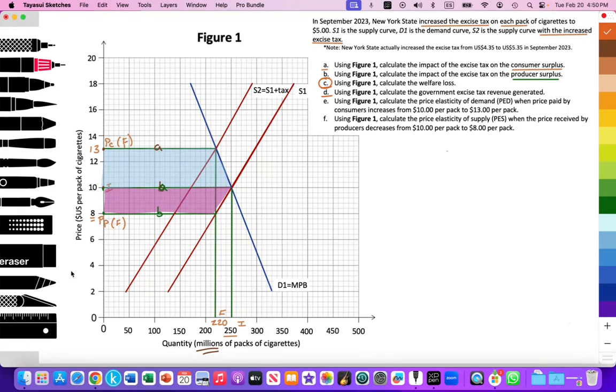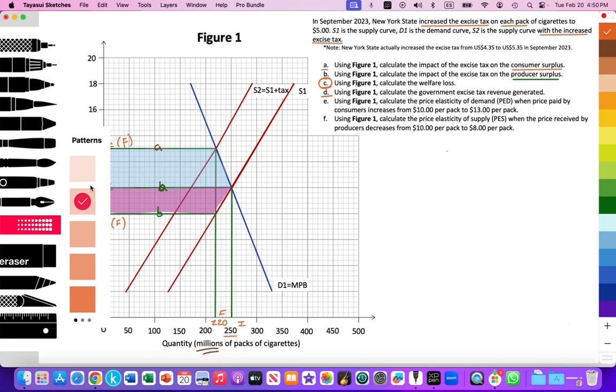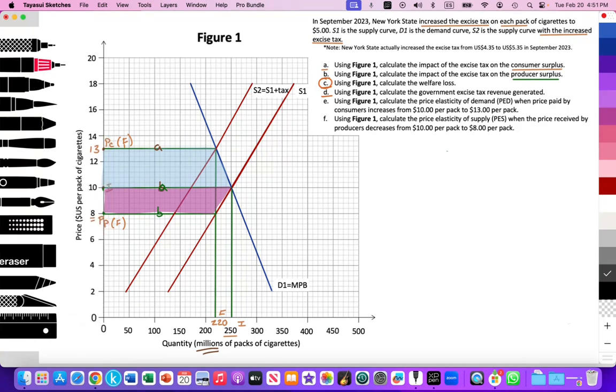Okay, so let's take a look. First, we want to be able to identify the area. The welfare loss is this triangular area that appears here. In theory, the government intervention is taking us away from a free market equilibrium, where S1 equals D1, to this point here.